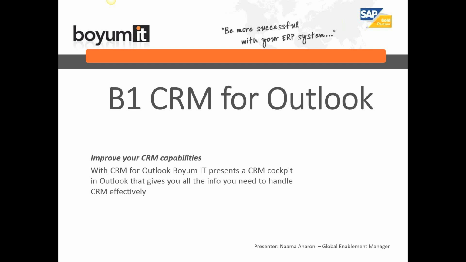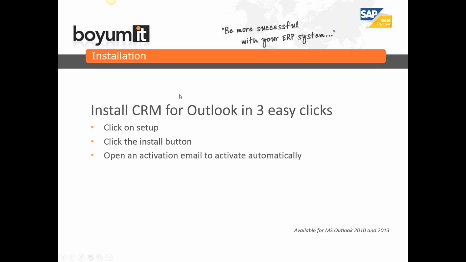Before we actually go into the live presentation, I want to discuss the installation, because installation is a big thing, especially when talking about Business One. The whole purpose of this application is to make it easy and user-friendly for you to work with. Therefore, from a user perspective, the solution is very easy to install.